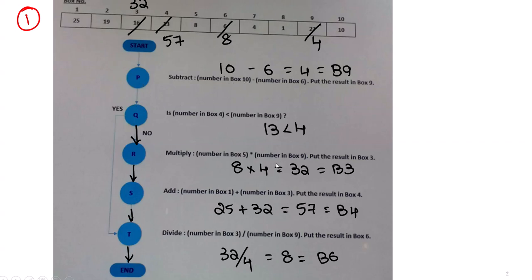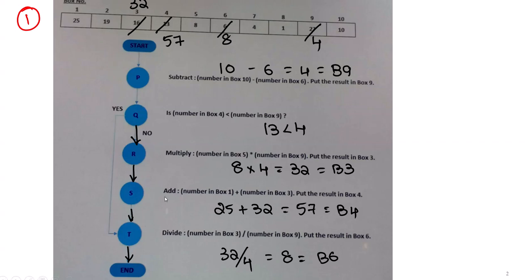After P only this should be performed, or else the result will change, because box 9 is initially 27, it's updated to 4 that I am using here. And after R, box 3 is used in the next step. After this only R, only T is required, because the box results are updated. Results will change if we put any of these boxes before Q.